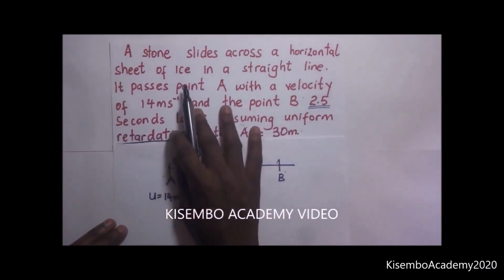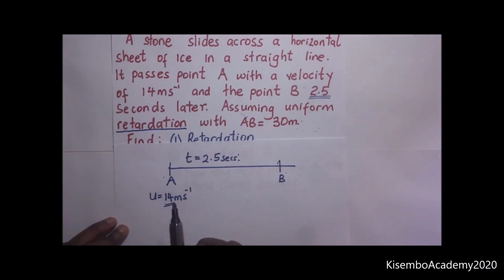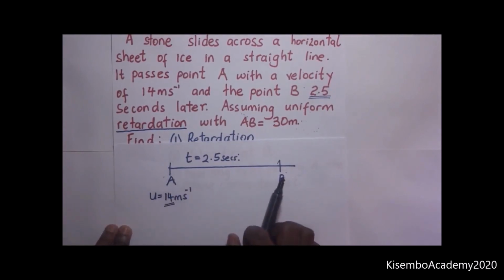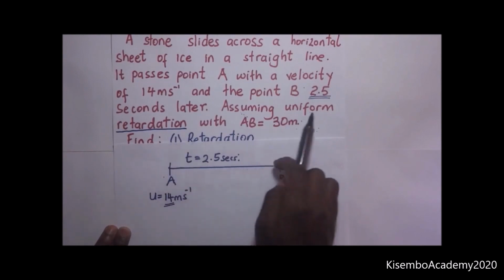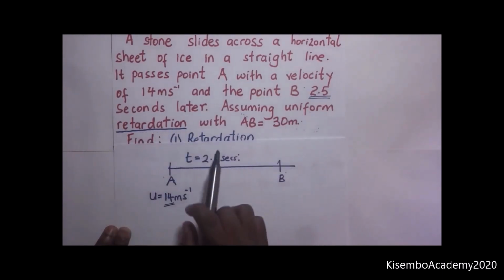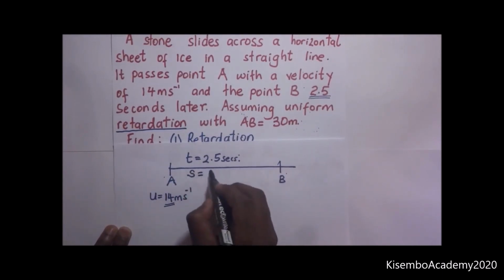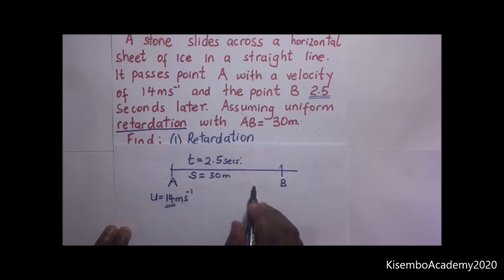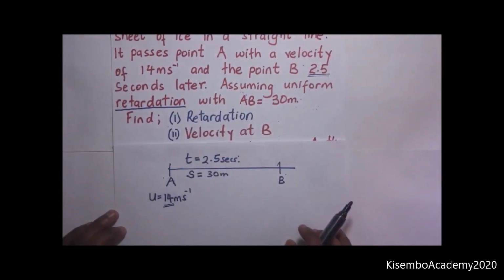Assuming uniform retardation. So meaning that they are telling us that the velocity by the time it reached B reduced, meaning that the rate of change of velocity was reducing as the body was moving from A to B. So assuming that the retardation was uniform and the distance AB was 30, so meaning that our distance S is 30 meters from A to B, they're asking us to find, Roman 1, the retardation.